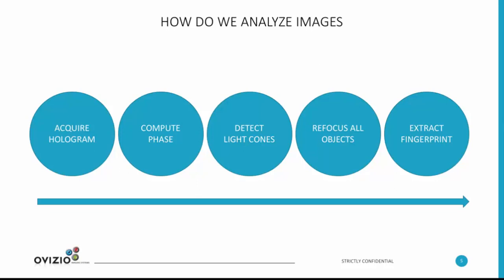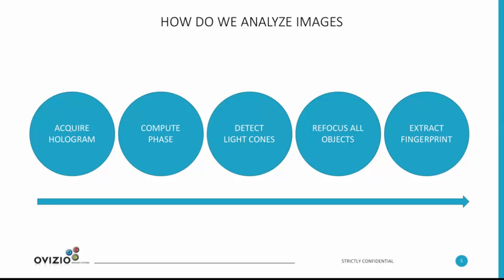It's followed by a computation phase where we already look at a few critical parameters on a cell. Then we detect the light cones, which are very critical for the viability algorithm. We do the refocusing of all the objects, and then we extract from the image on a single cell level what we call the holographic fingerprint of a cell.